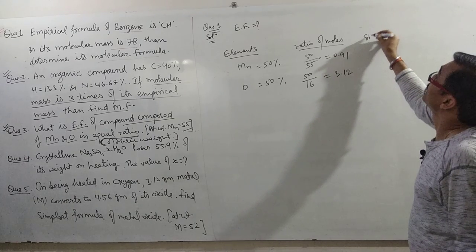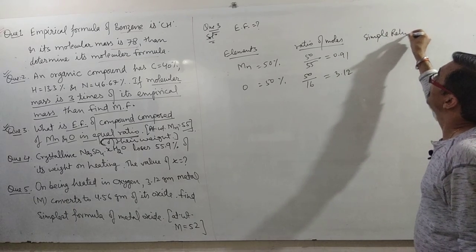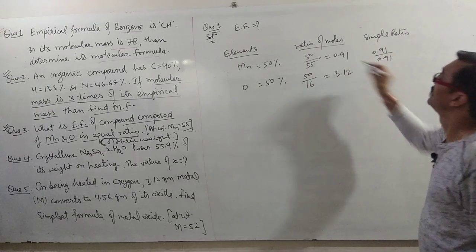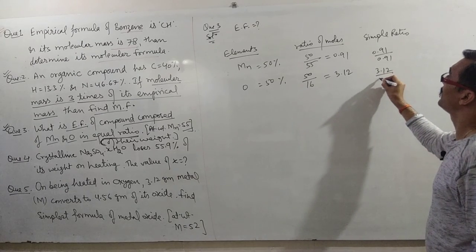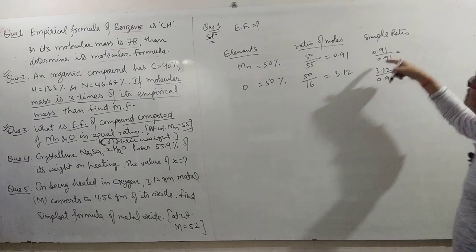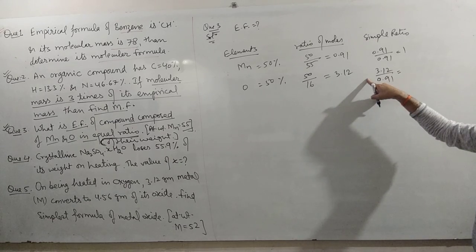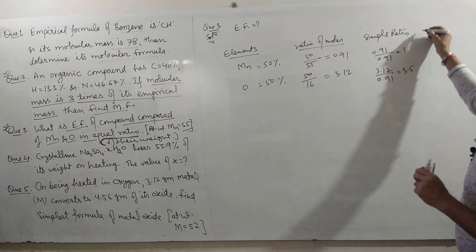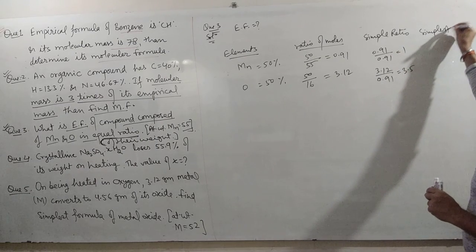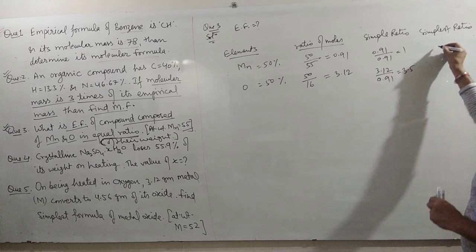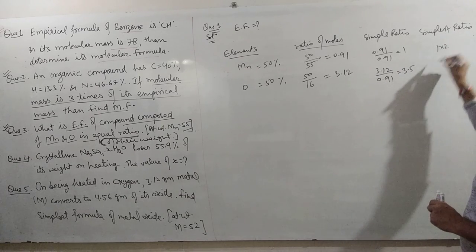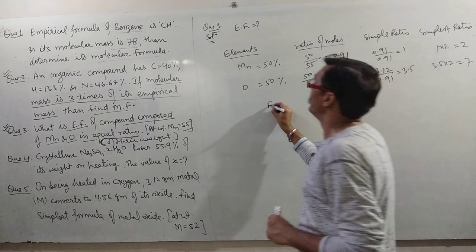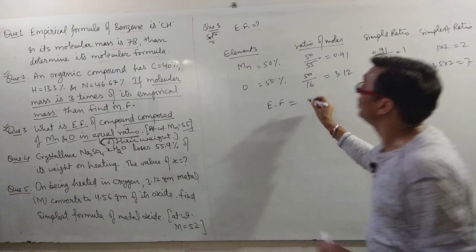So for the simple ratio, 0.91 divided by 0.91, the smallest number, is 1, and 3.12 divided by 0.91 is almost 3.5. So the simplest ratio is 1 into 2 and 3.5 into 2, that is 2:7.